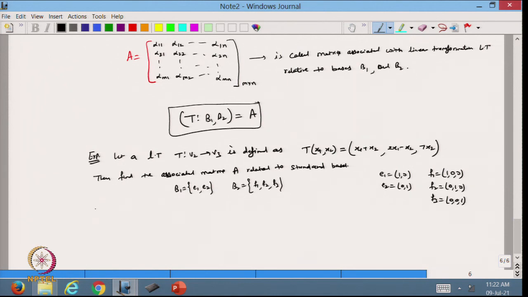Now, how can we find this solution? Because we deal with the standard bases, if you see from here, I can write x1 common. So, it will be x1 times (1, 2, 0) plus x2 times (1, minus 1, 7). Now from here we can define this transformation.